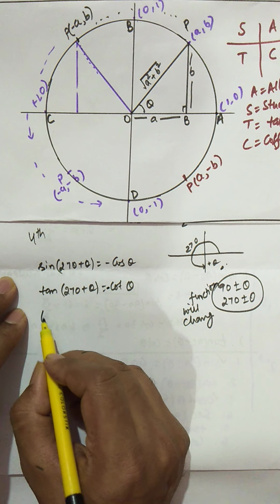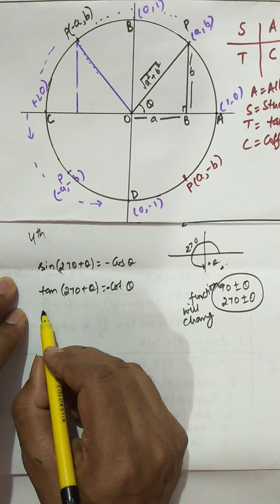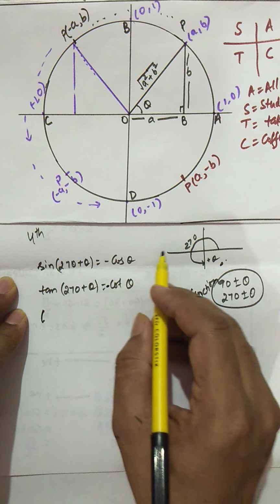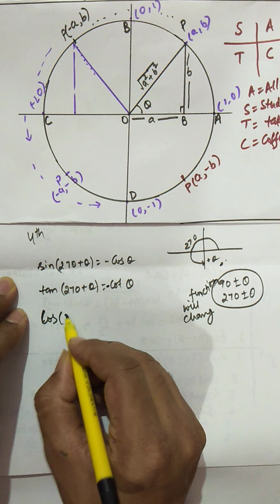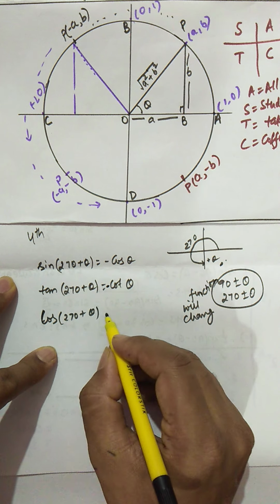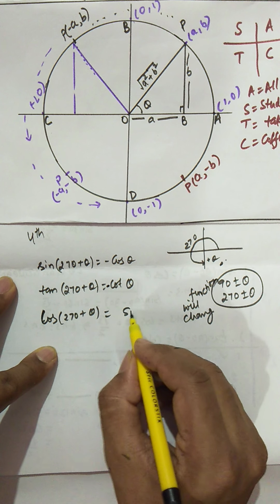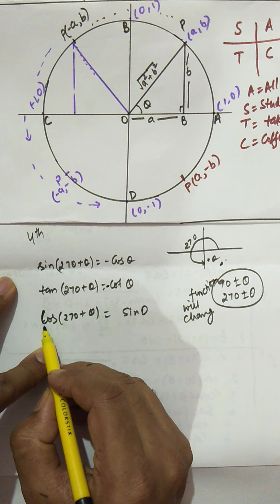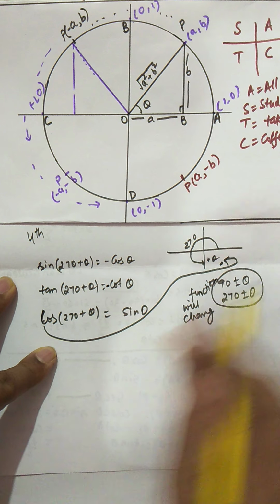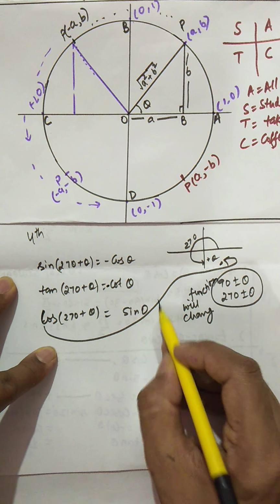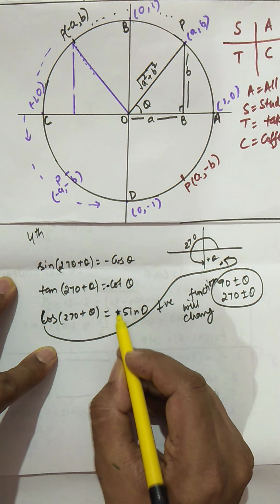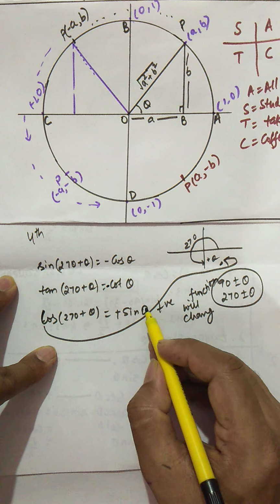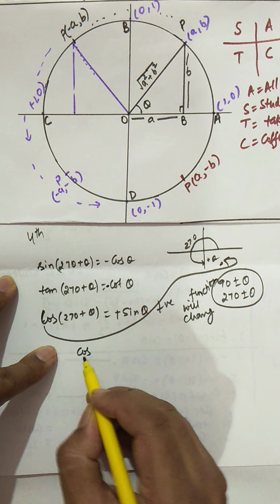Now with an example, here you have to observe one more important thing. If I write cos of 270 plus theta, cos will change into sine, but cos is always positive in the fourth quadrant, therefore this will be positive sine theta. So let's take another example.